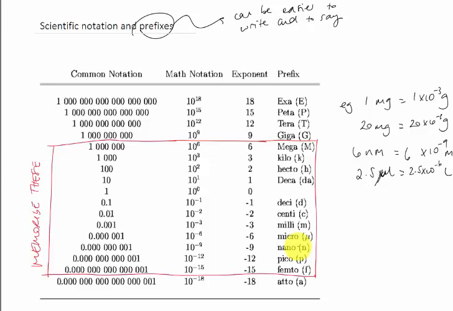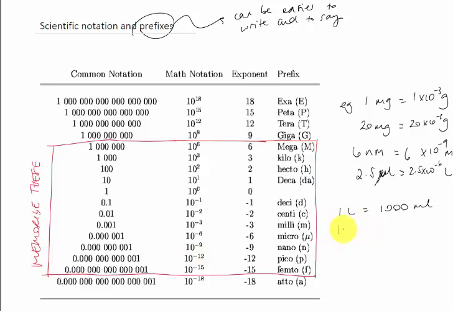Okay, so what does this mean? So here's some other things that you might want to memorize if it's not obvious to you as well. So what does it mean? So 1 litre is equal to 1,000 millilitres, because a milliliter is 10 to the minus 3 litres.